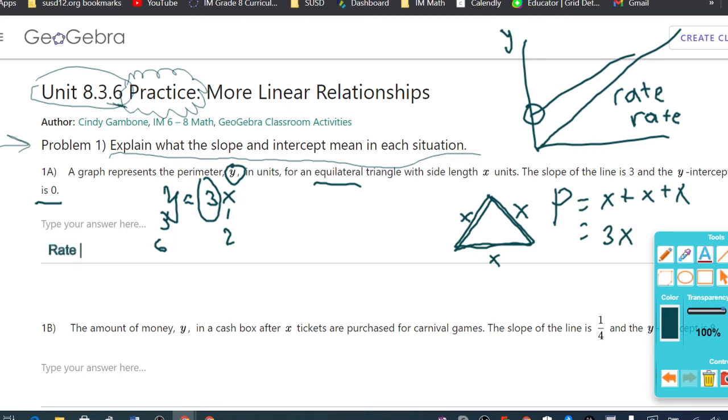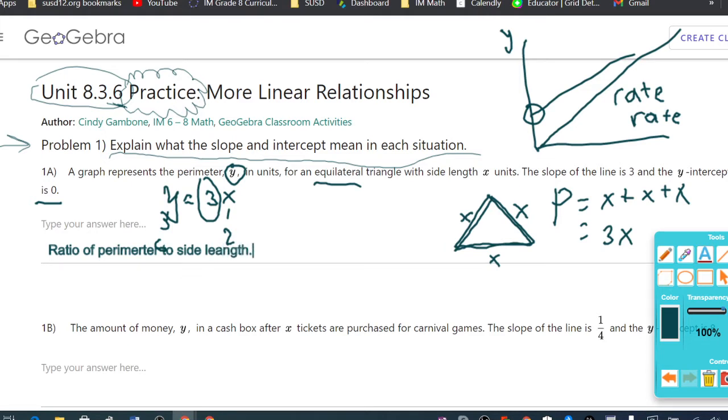Let me write that down. It could also be the ratio of perimeter to side length. Let me use that, not rate, but ratio. This one's really a ratio. Ratio of perimeter to side length. There we go. Okay, good job.